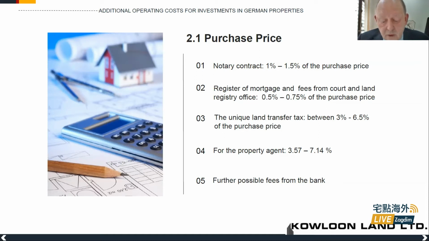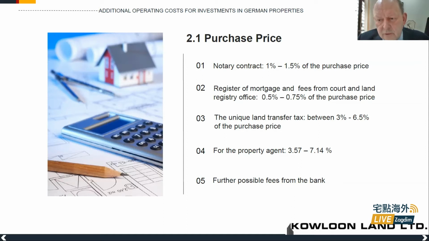For the property agent, you have to calculate in Germany between 3.57 and 7.14%. Why these curious percentages? It is including the 19% VAT.